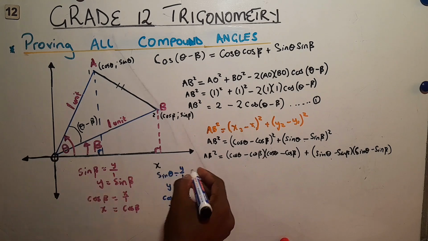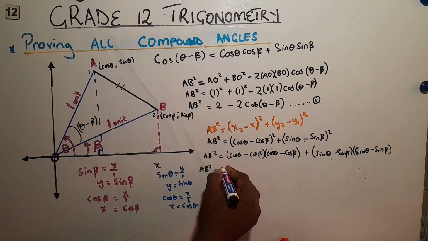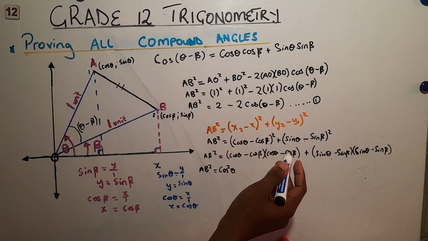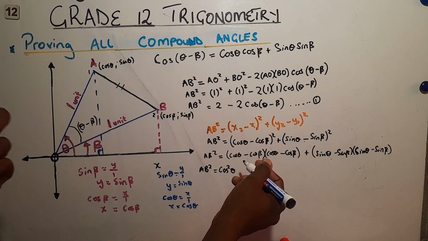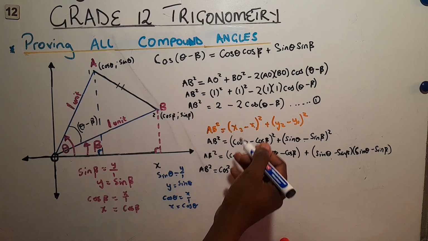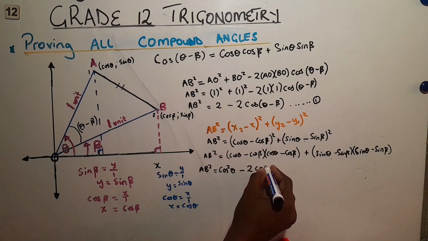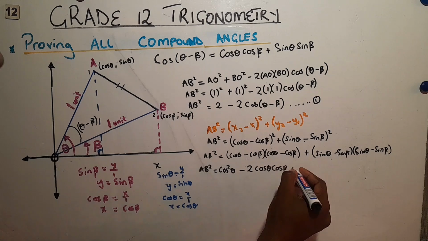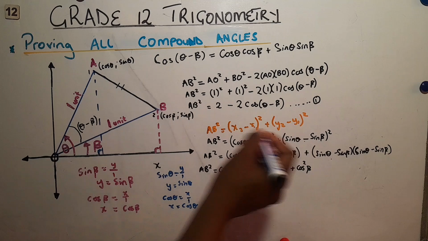So we can multiply out the brackets. AB squared now becomes: this multiplied by that gives us cos squared theta, and this multiplied by that is negative cos theta cos beta. The same again for the other pair, so that will be negative 2 cos theta cos beta, and this multiplied by that will be a positive cos squared beta, right?